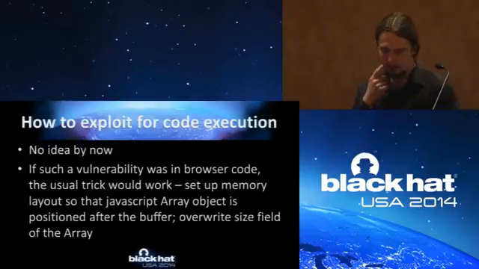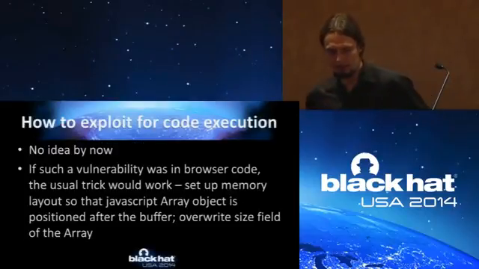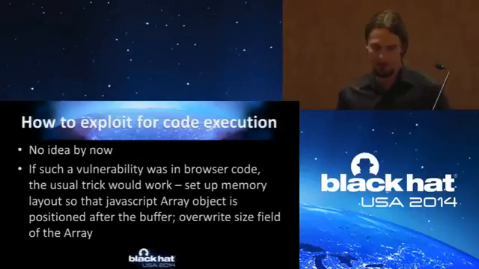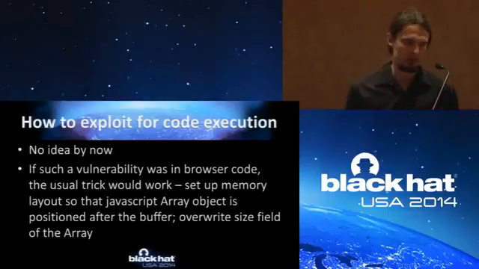How to exploit it to get code execution, I don't have a good idea by now. The reason is that the attacker has very limited control of this corruption, right? It can only corrupt the bytes between the null terminator and only a single one. But in comparison, if such a vulnerability was found in browser code, the exploitation would be more or less straightforward or typical.